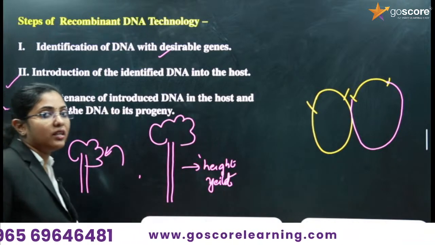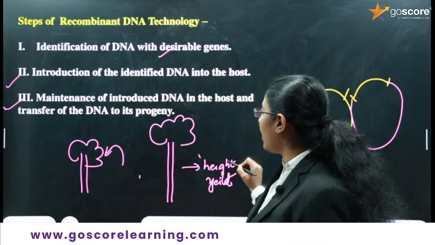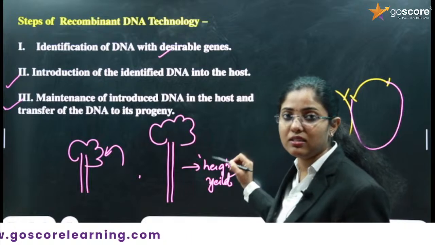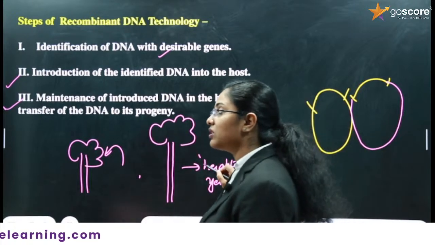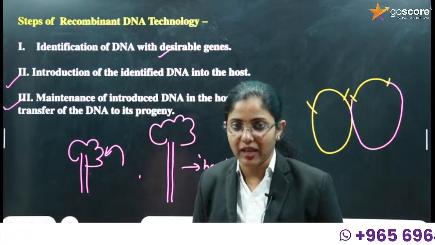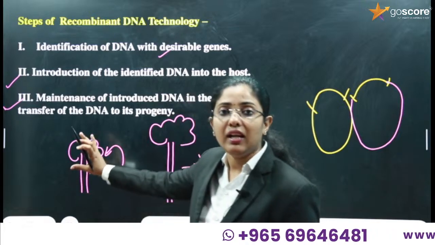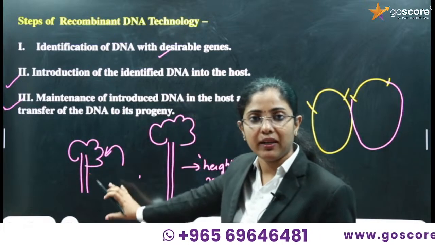If you understand this concept, the desired gene for height and yield is taken from this plant and given to the host organism, that is the host plant. If it is given to the plant, it has to be maintained inside this plant.